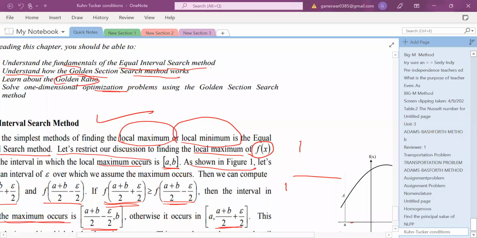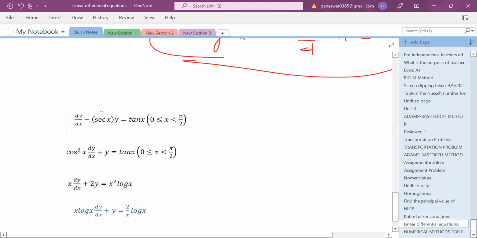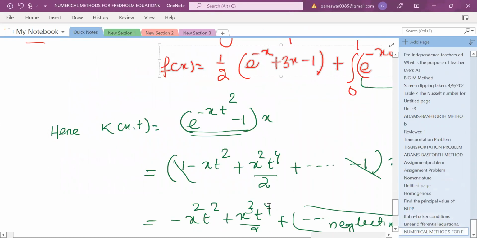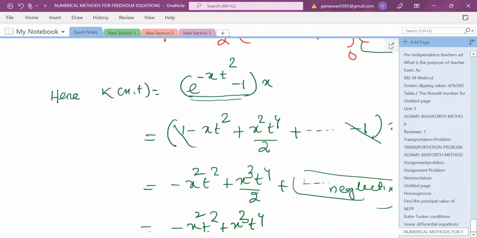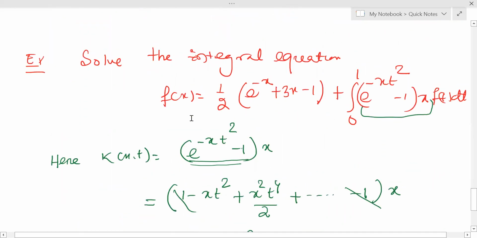Then given differential equation, क्या हो जाएगा? f(x) जो वैल्यू था इस इक्वेशन में हम डालेंगे.